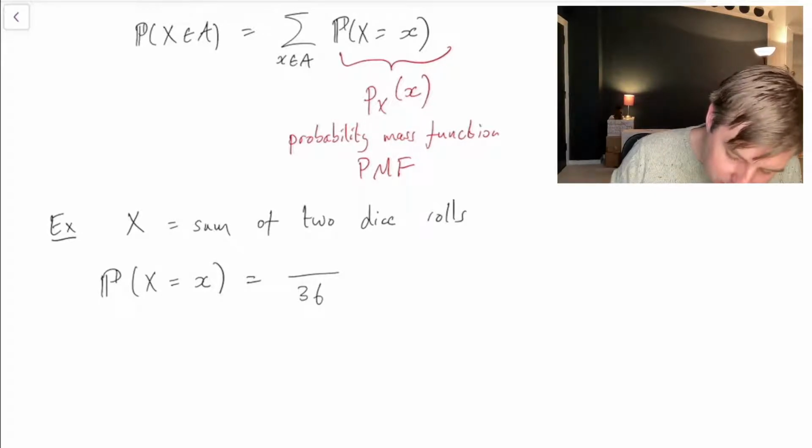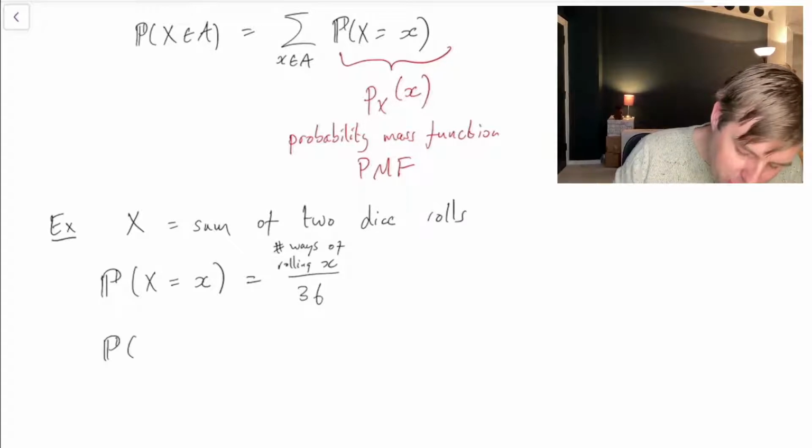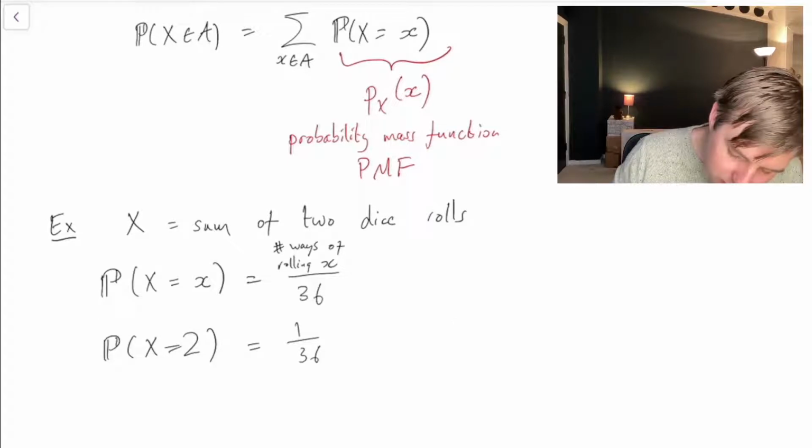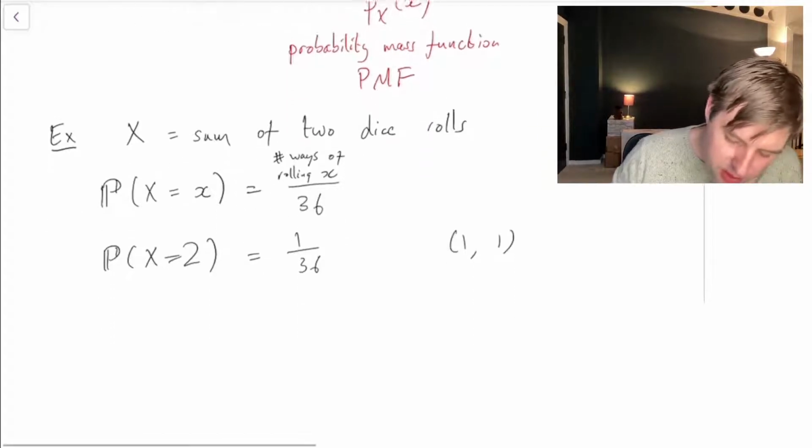And on the top, we've got the number of ways of rolling X. So, for example, the number of ways of rolling a 2, well, there's only one way of rolling a 2, right? You have to roll a 1, then another 1.